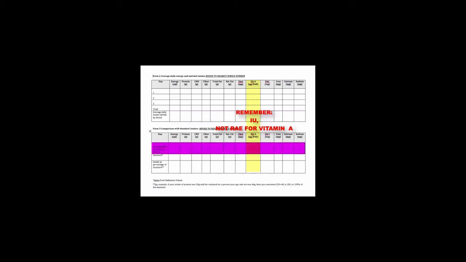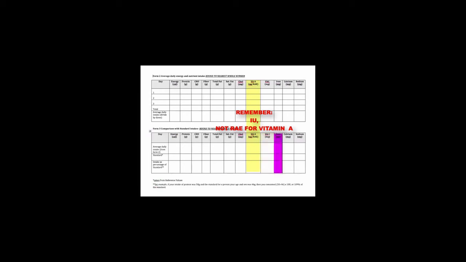You'll then take information provided on a document called references, which I'll also show you in a moment. These are the standards against which you will compare your intake to determine whether or not you've met the recommendation, whether you're deficient, whether you've exceeded, and by how much. Did you get 100% of the recommendation for vitamin C?